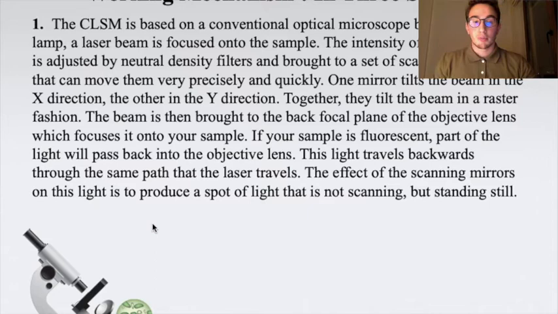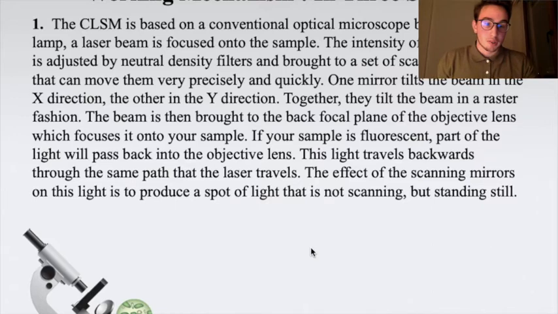So one mirror tilts the beam in the X direction, the other in the Y direction. Together, they tilt the beam in a raster fashion. The beam is then brought to the back focal plane of the objective lens, which focuses it onto your sample.